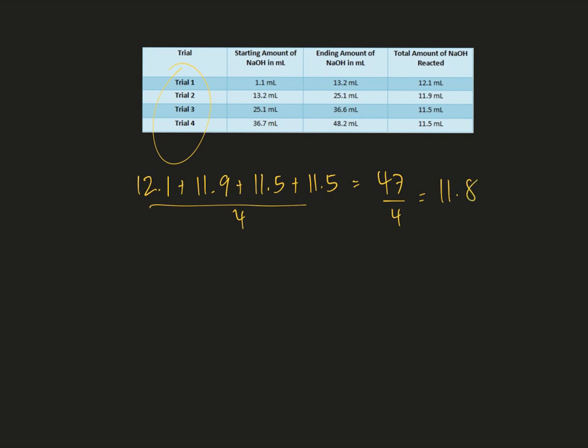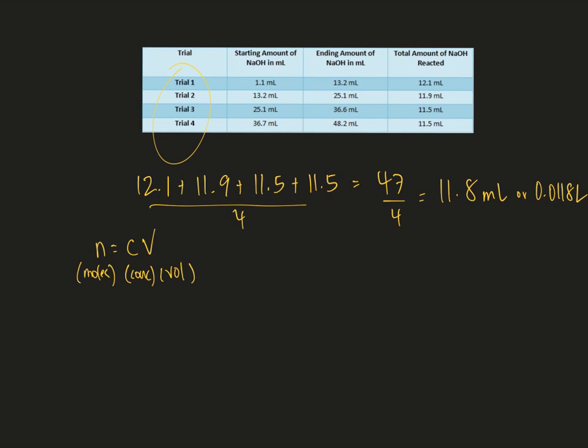Now that we have this volume, which is in milliliters, we can convert this to liters, which is 0.0118 liters. We can then use the equation n equals C times V, where n is the number of moles, C is the concentration, and V is the volume. This will allow us to calculate the number of moles of sodium hydroxide.